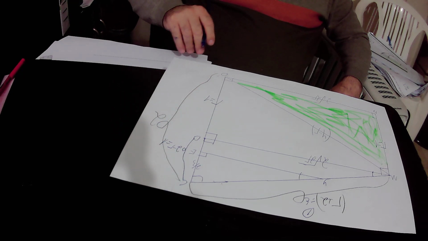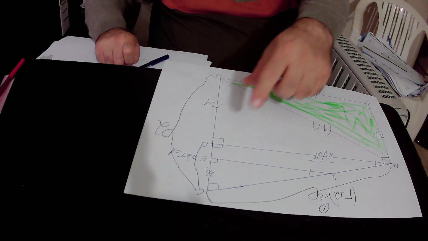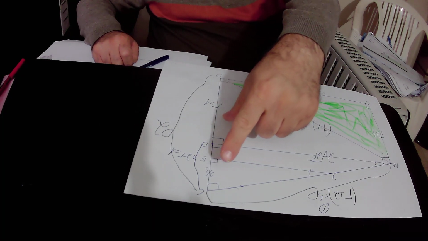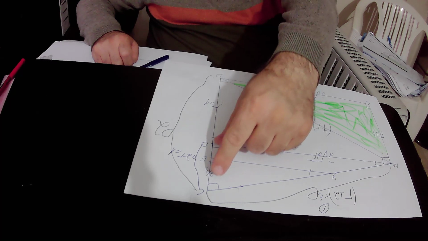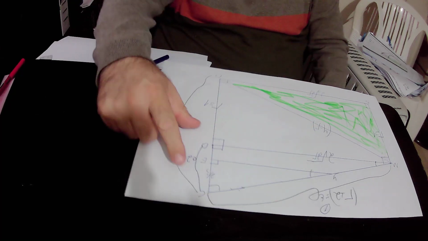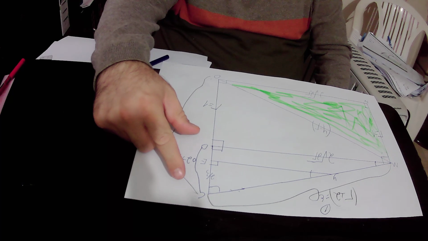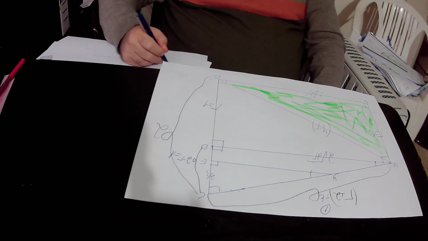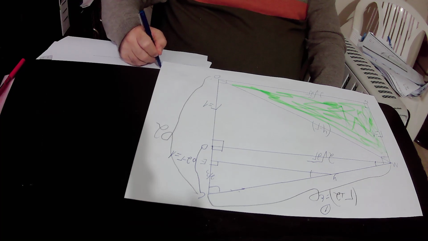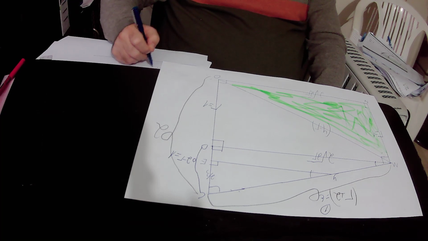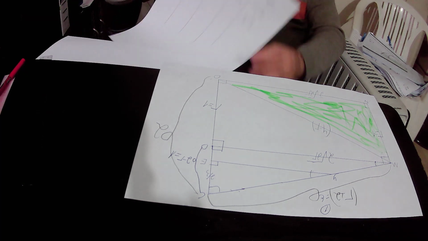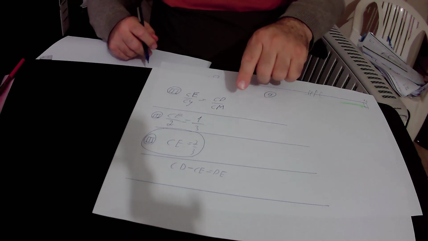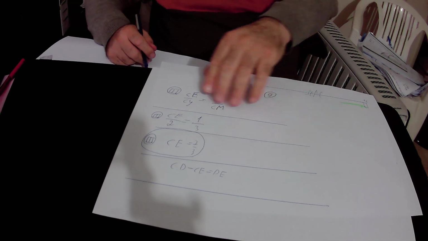And you can see from the drawing that CD minus CE equals DE.